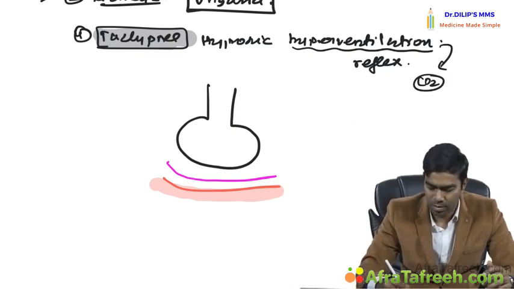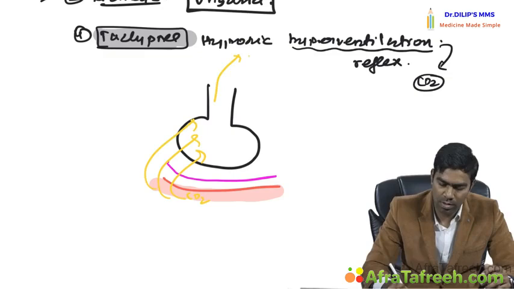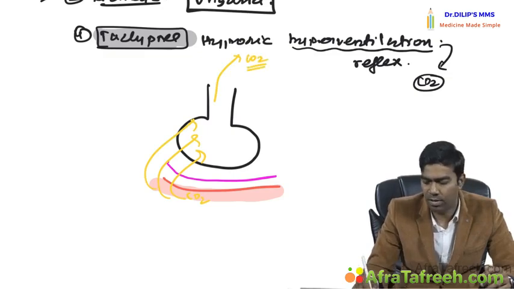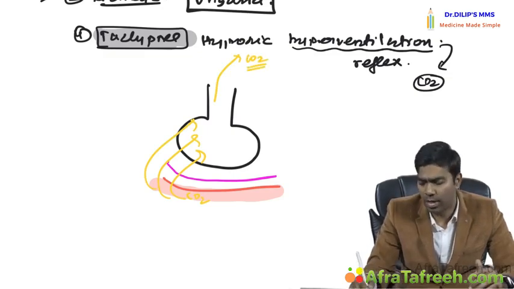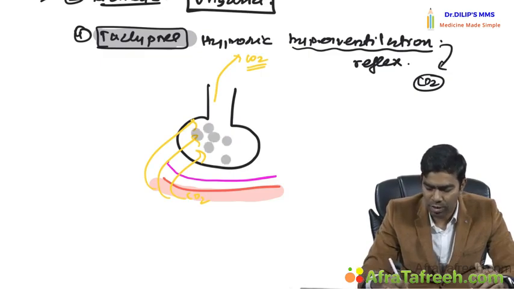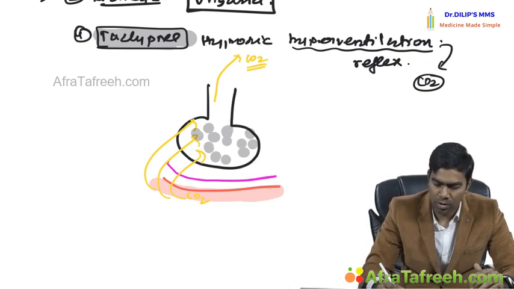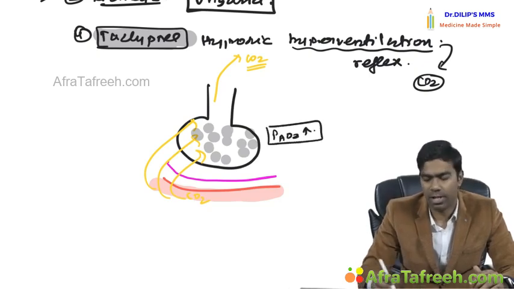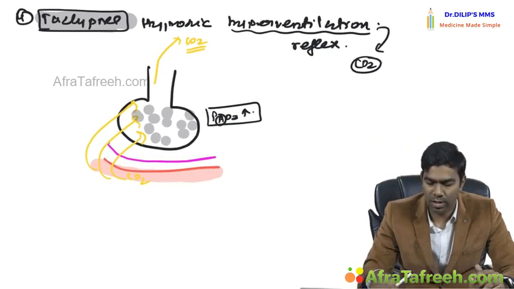So let us assume you are eliminating a lot of carbon dioxide out. Why are you eliminating carbon dioxide? By eliminating more carbon dioxide, you are giving more space for oxygen. So you are trying to increase the partial pressure of alveolar oxygen by eliminating more and more carbon dioxide.